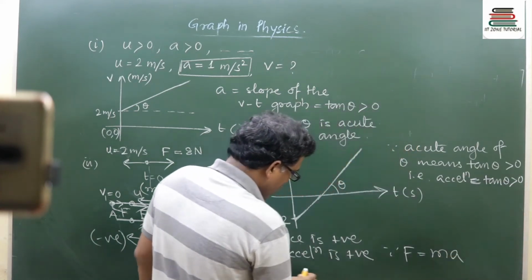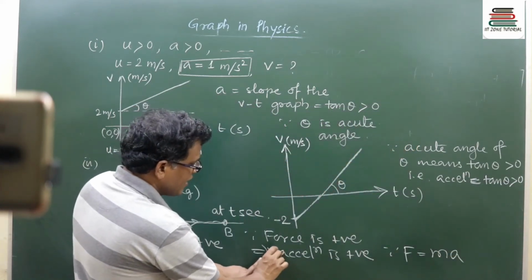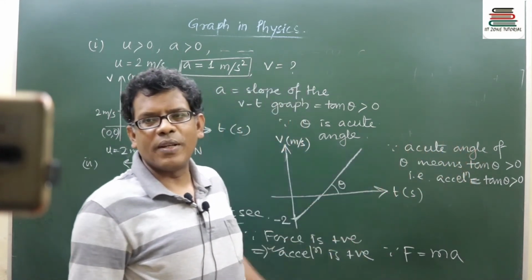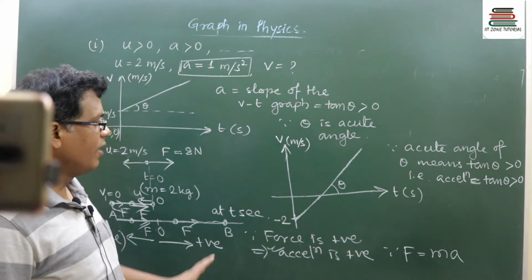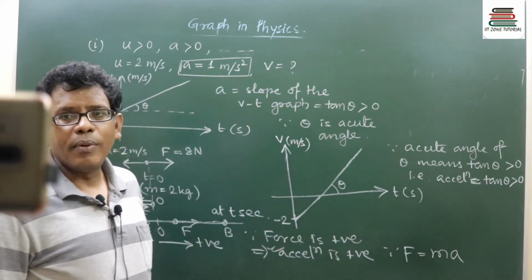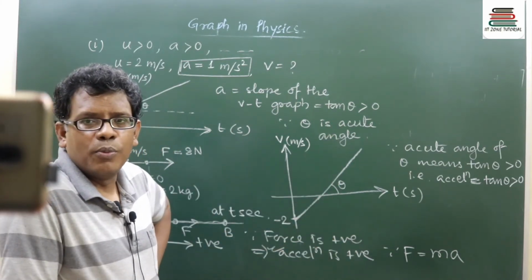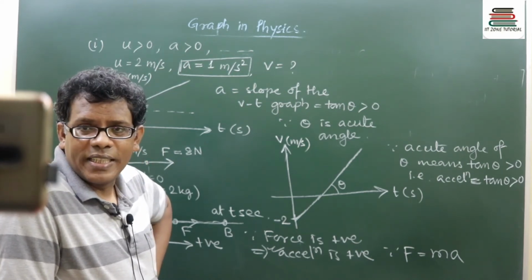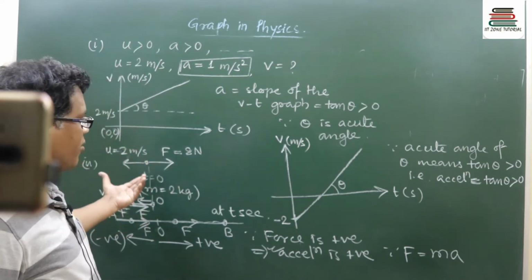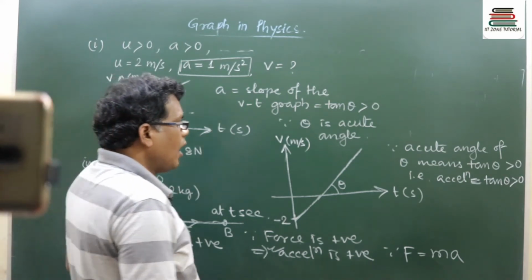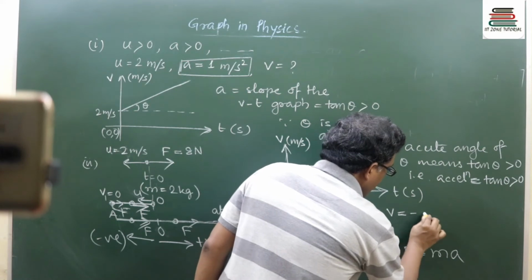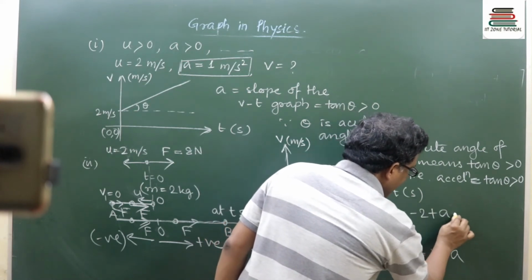We are getting a theoretical argument that says acceleration is positive. In the graph also we are representing acceleration as positive, justifying it by showing the slope positive as per the graph, isn't it? If you want to solve this situation mathematically, how will you write the equation? Won't you write v equals minus 2 plus a into t?